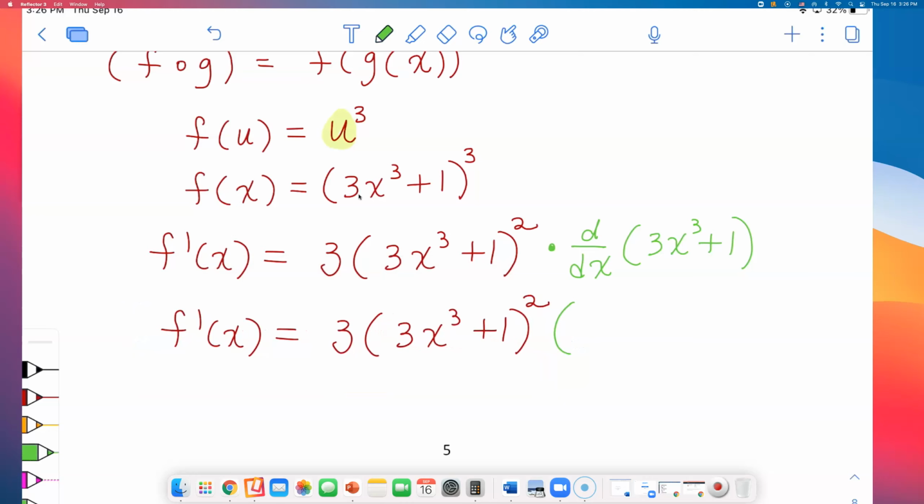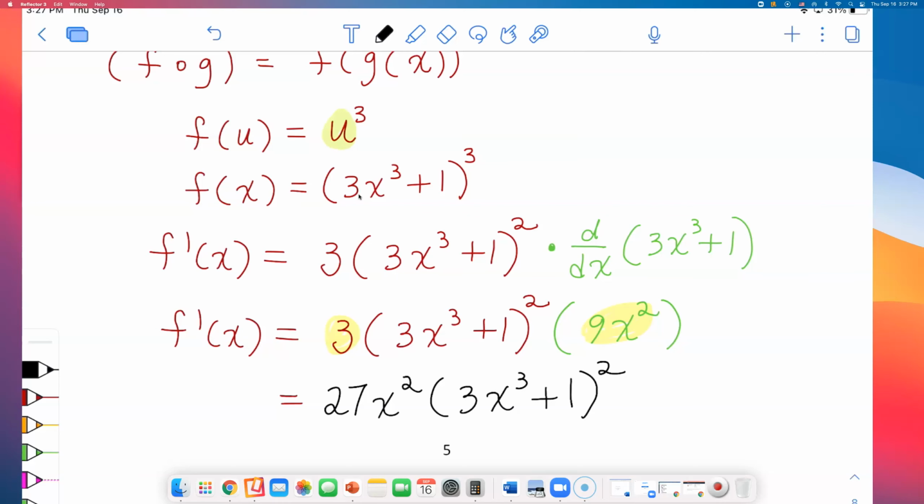If we look at 3x cubed, that's going to give us 9x squared, right? And the plus 1 will just be 0, so that's it. I'm going to go ahead and multiply these two monomials that I see, 3 times 9x squared, and just put them in the front. 27x squared times 3x cubed plus 1 squared.